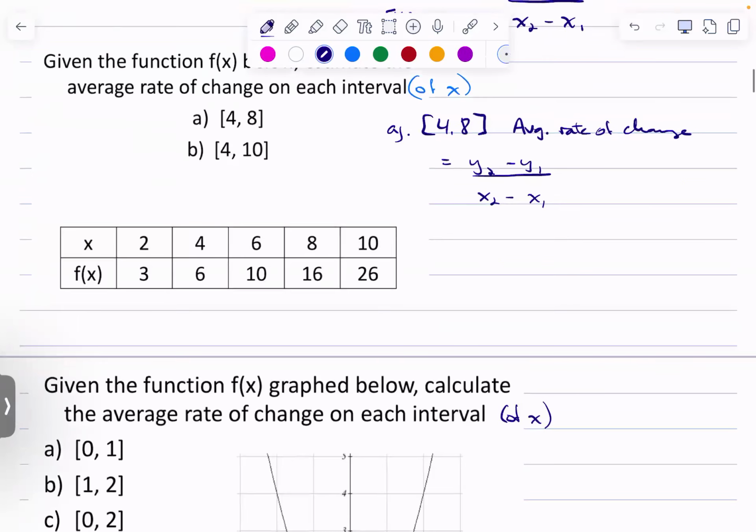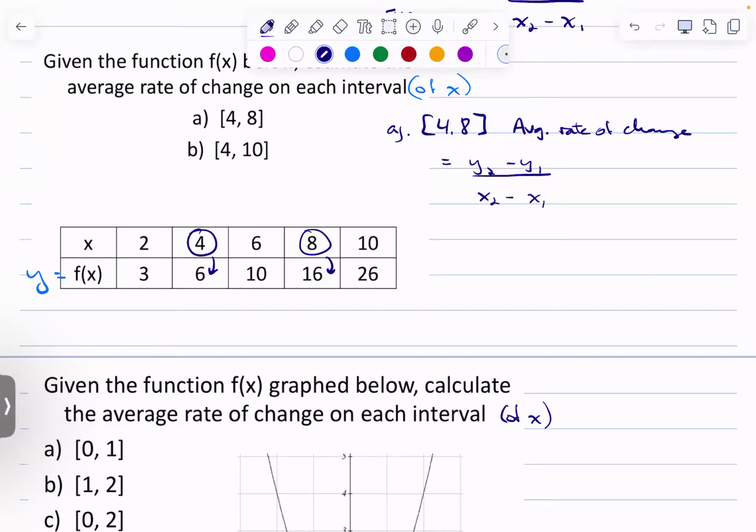Remembering that y is just f of x, right? So if you prefer to read your f of x as just a y, it might be helpful, especially in this scenario where I've only given you the y2 minus y1 formula. So I know x is going between 4 and 8. So I have x equals 4 and x equals 8, and I have the corresponding outputs.